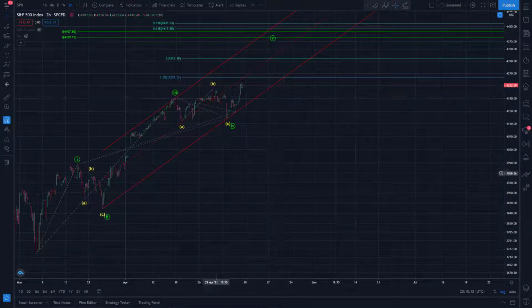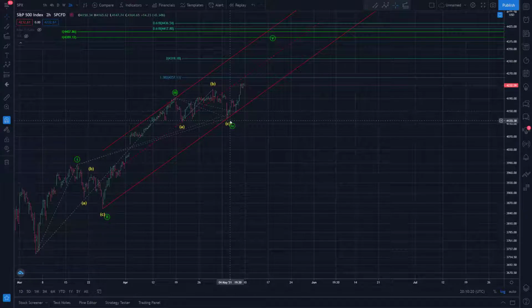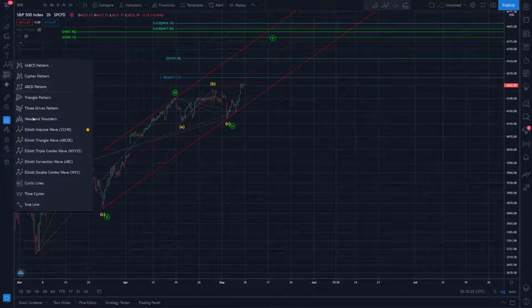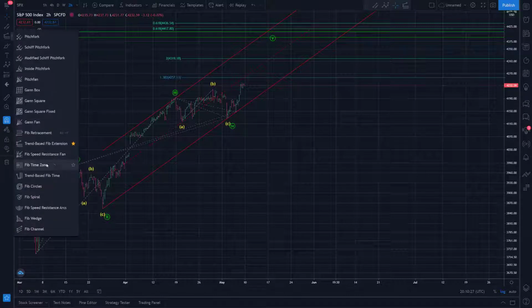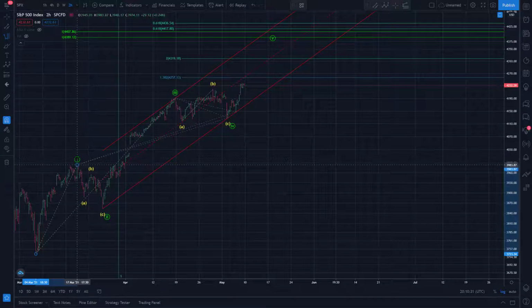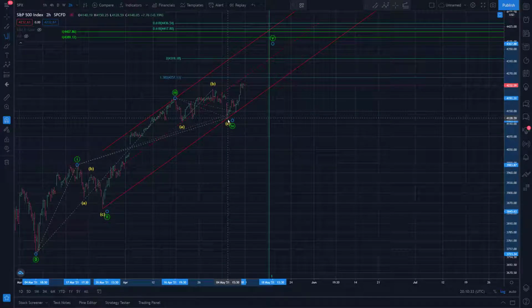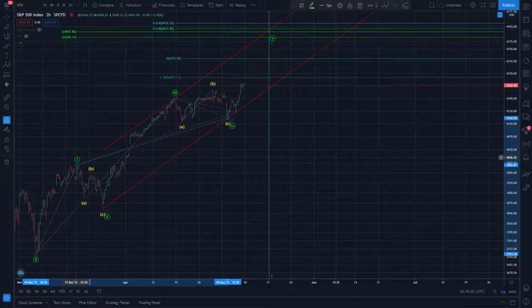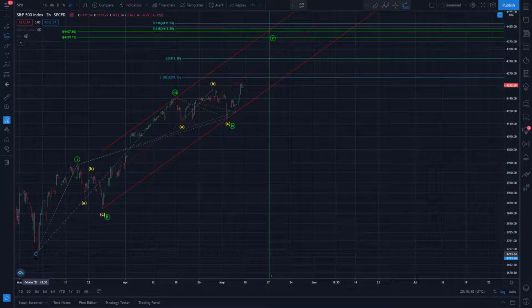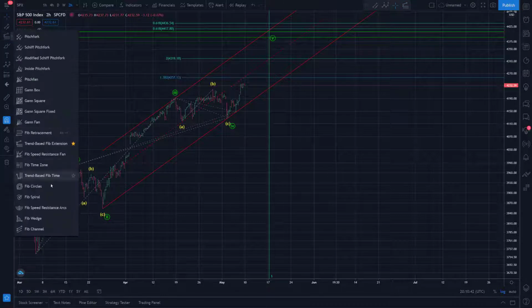So how about when will this happen? Like, what are we looking at as far as timing here? Well, okay, there's some other things we can do. So if we do the time elapsed in wave 1 and project that off of our wave 4 anchor, and again, depending where we anchor wave 4, I'll do a couple of those.